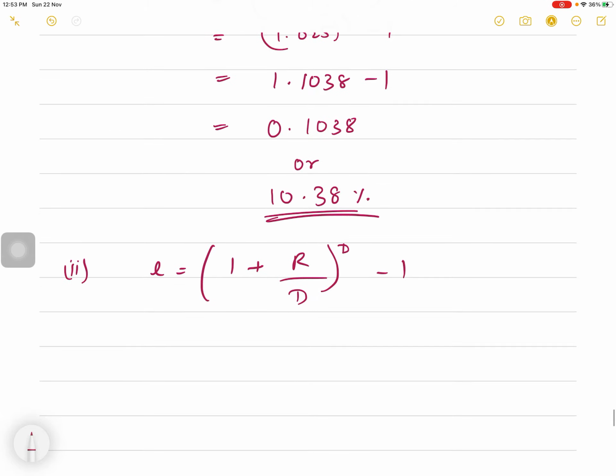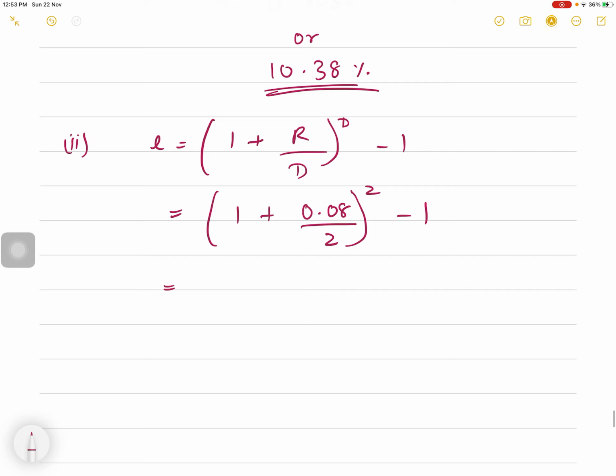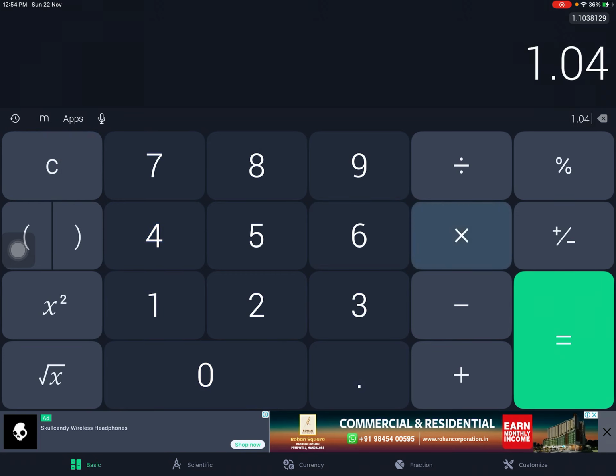So 1 plus 8% means 0.08. Compounded half yearly means D is equal to 2. So 1 plus 0.04 raised to 2 minus 1. 1.04 square minus 1. So let's calculate. 1.04 into 1.04 is equal to, it comes to 1.0816.